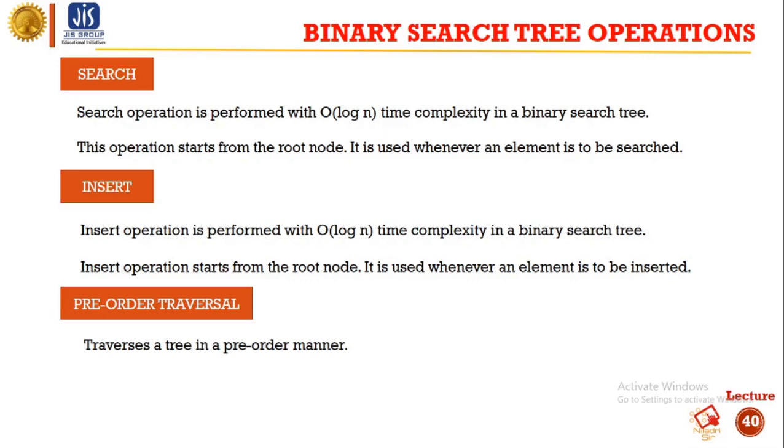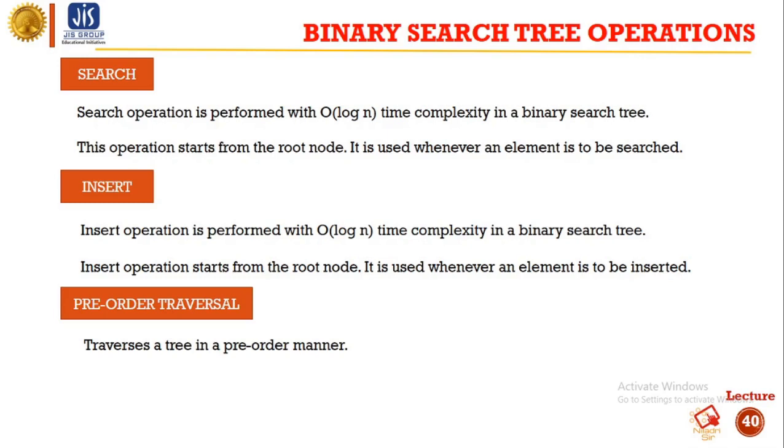We call a tree balanced if for all nodes, the difference between the heights of the left and right subtrees is not greater than 1. We will start with a search space of n nodes, and when we discard one of the subtrees, we will discard n by 2 nodes, so our search space will be reduced to n by 2.